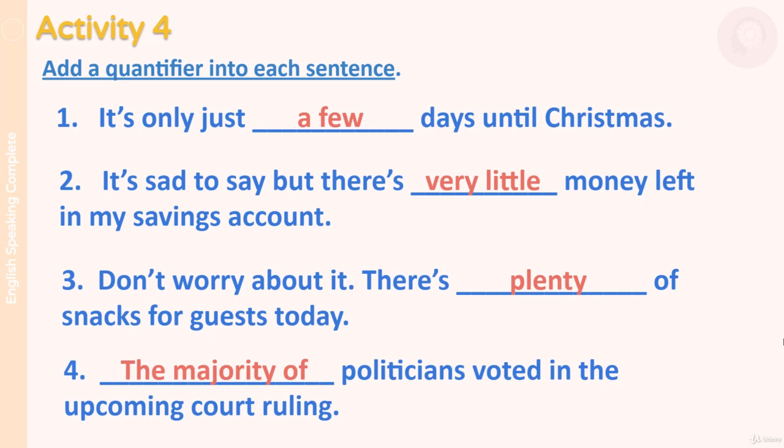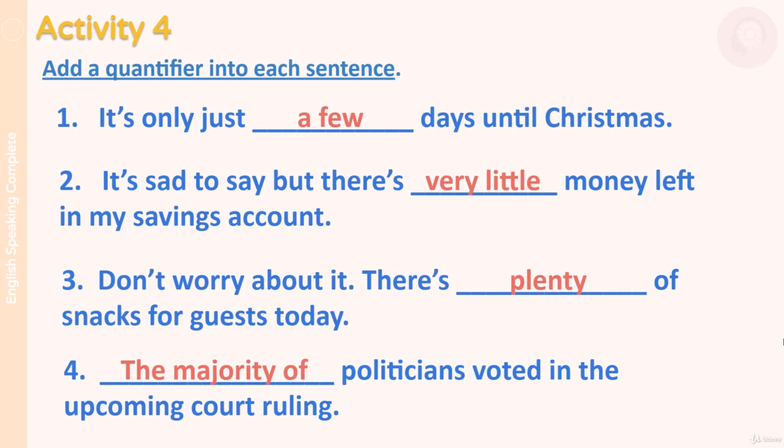When we talk about politics and politicians, we often use the phrase the majority vote, the majority of decisions. So here actually the majority of works better within the context, the situation of politics. So that's why I made that decision there.